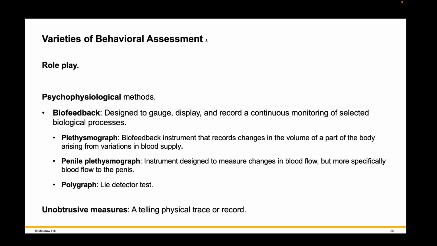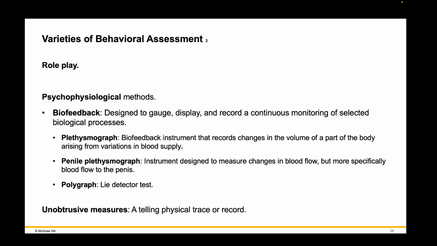Okay. So, we also have the psychophysiological methods. Ito nga yung meron ka ng mga specific tools that you would be using to assess the behavior. So, ito yung biofeedback, of course, and under that biofeedback, meron tayong plethysmograph.